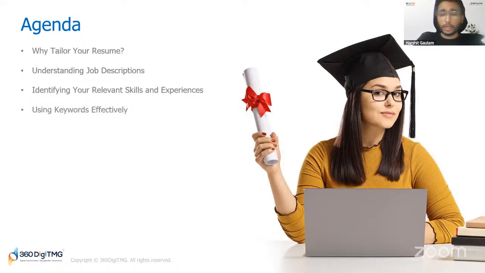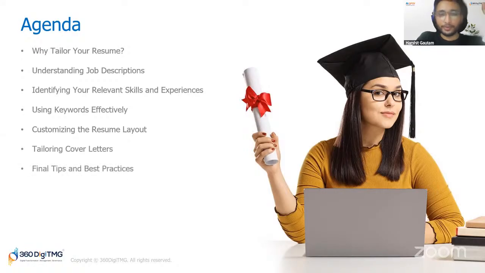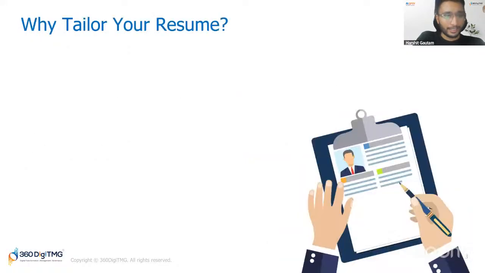After that, we will talk about what are keywords, why they are important, and how to decide what keywords you have to put in your resume. Then what is the perfect resume layout for you? How to customize that resume layout for you? Then what is CV? How to prepare that CV? All those things. And after that, we will simply talk about what are final tips and best practices. All right, so let's start it now.